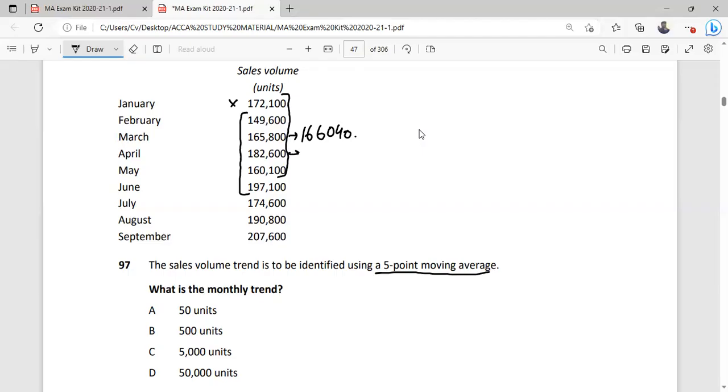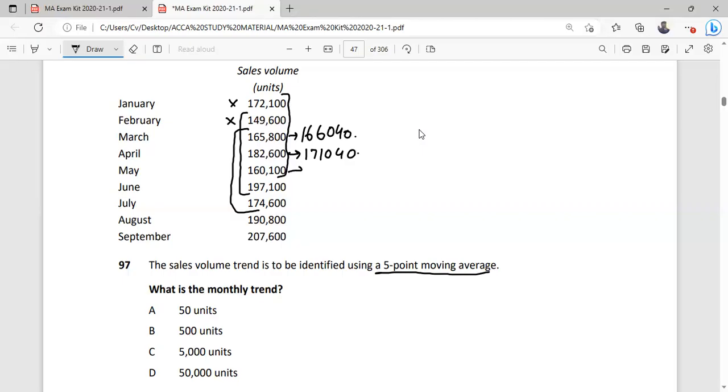You will show it in the middle of the value. 171,040. Now you will exclude this February and you will start from the March till July and you will add up these five values: 165,800, 182,600, 160,100, 197,100, and 174,600.